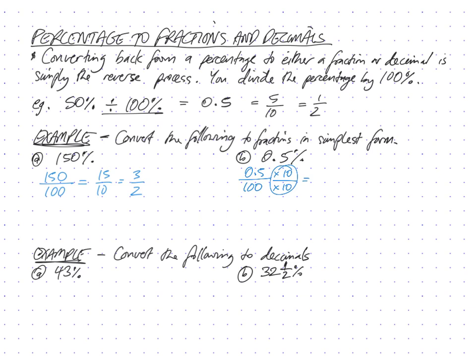So 0.5 times by 10 is going to be 5 over 1,000, and then how many 5's go into 5? 1. How many 5's go into 1,000? 5's into 1, nothing. 5's into 10, 2. 0, 0. So 1 out of 200 is a fraction in simplest form.